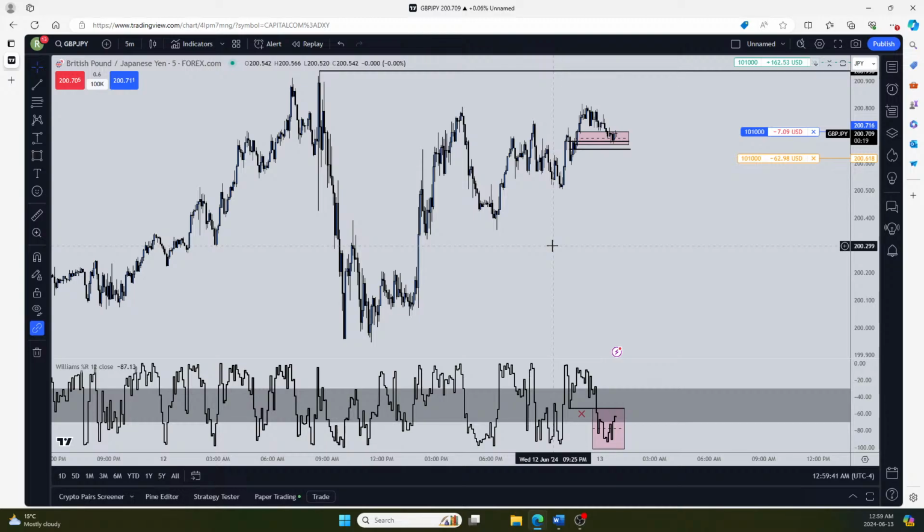Contraction, now we're looking for expansion higher. We want to see big candles, guys. We want to see big, beefy candles, very similar to this.